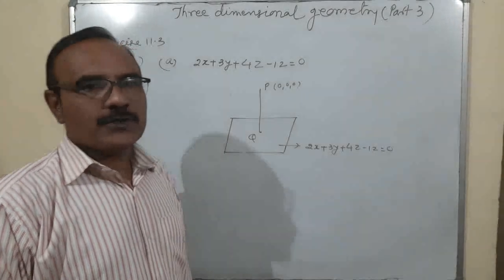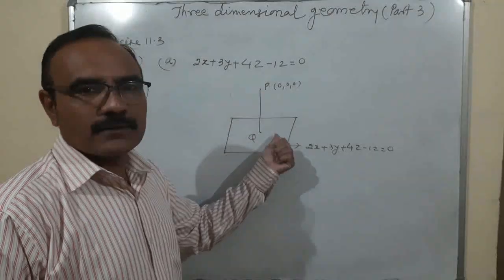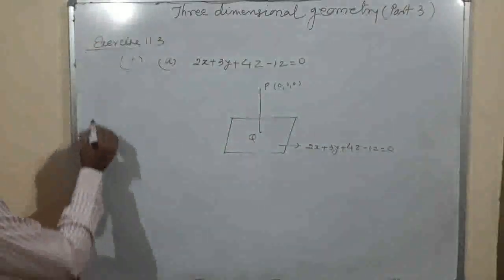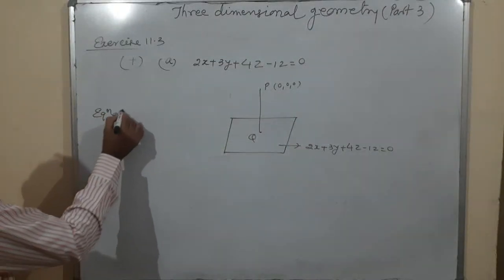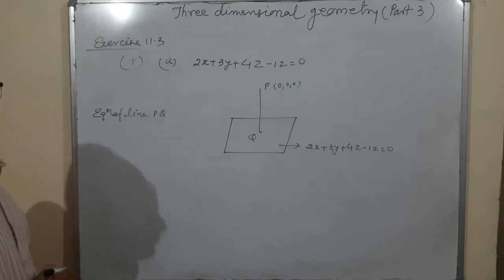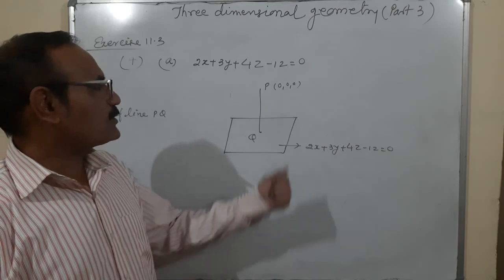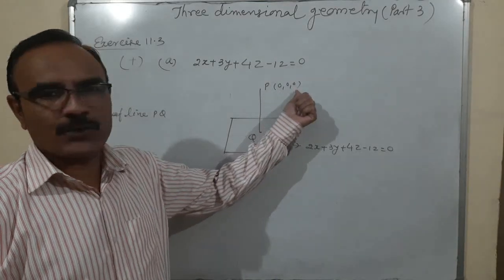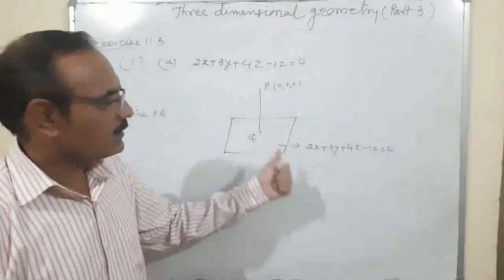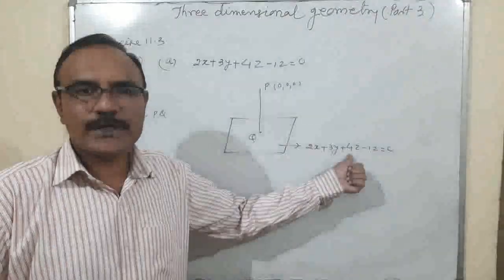First of all, we are going to find the equation of the line PQ. How to find the equation of the line? This line passes through the point 0, 0, 0 and its direction ratio is 2, 3 and 4. How 2, 3 and 4?